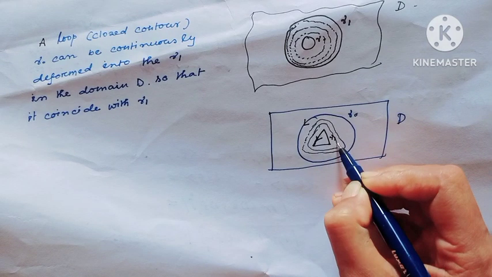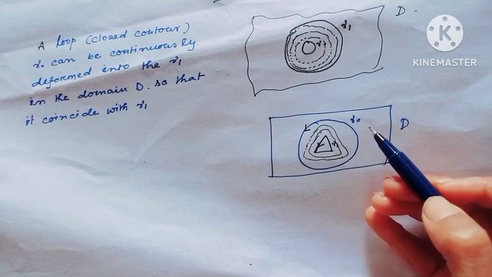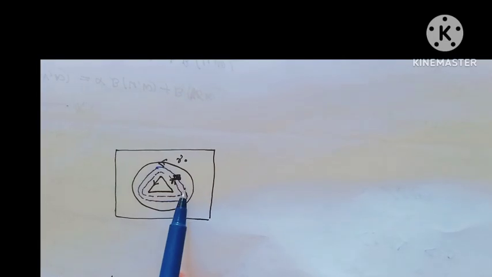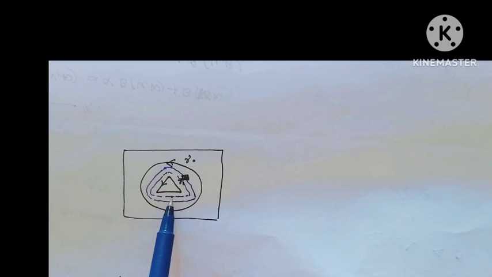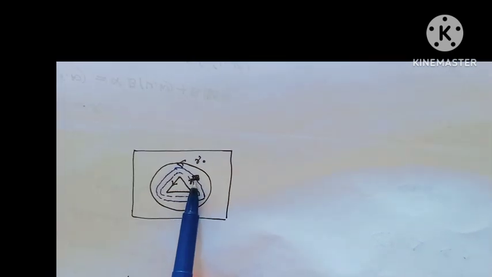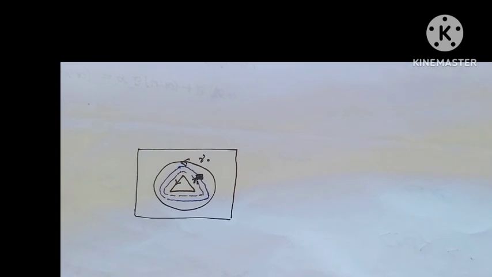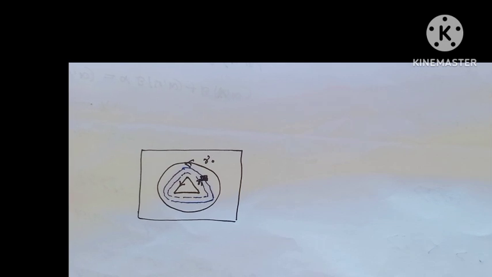Then we can deform gamma 0 to gamma 1 easily. Notice the picture. Here gamma 0 cannot be deformed into gamma 1 because here notice there exists a hole. So we cannot deform gamma 0 to gamma 1 smoothly.